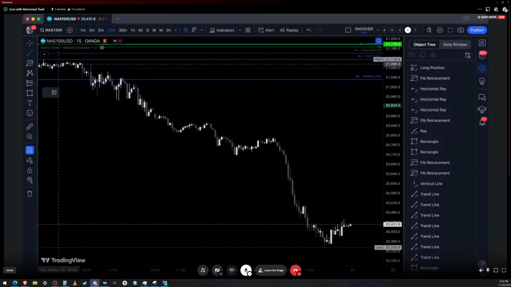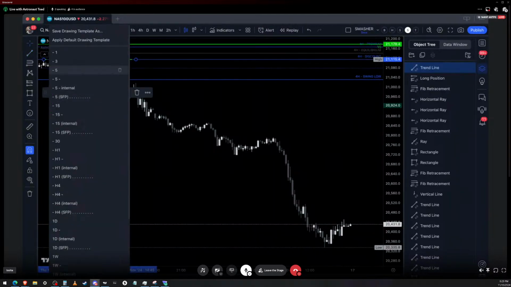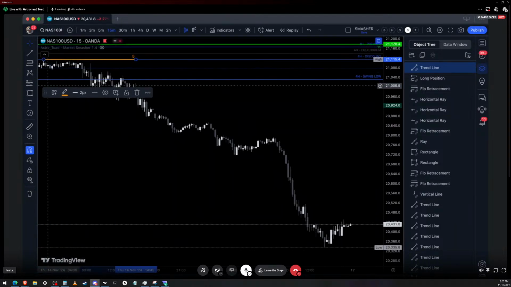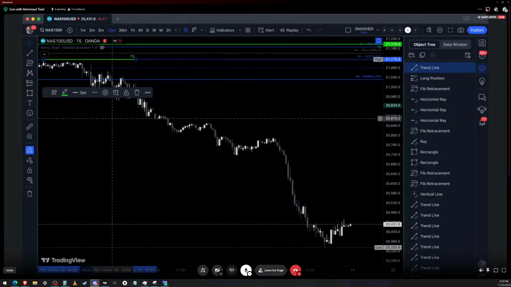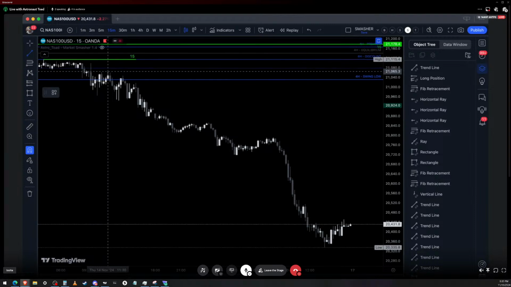You can draw your highs off of all of these levels here. On the 15-minute, this is going to save me from taking a losing trade long all day.